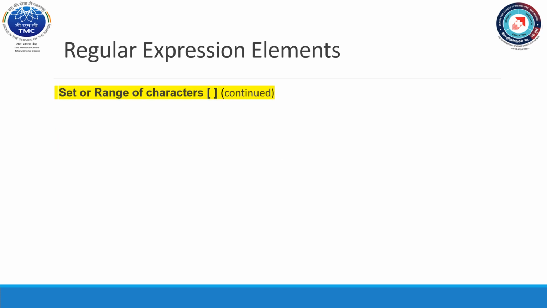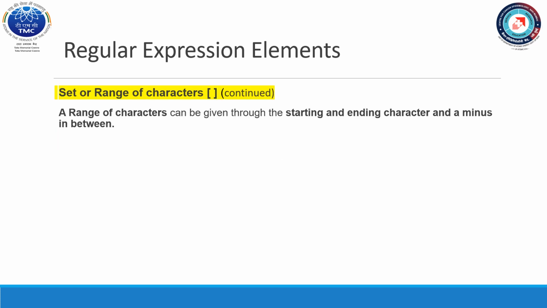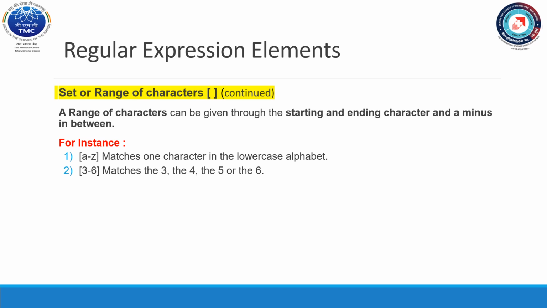Ranges. A range of characters can be given through the starting and ending characters and a minus sign in between. In square brackets, [a-z] matches one character in the lowercase alphabet. [3-6] matches the 3, the 4, the 5 or the 6.